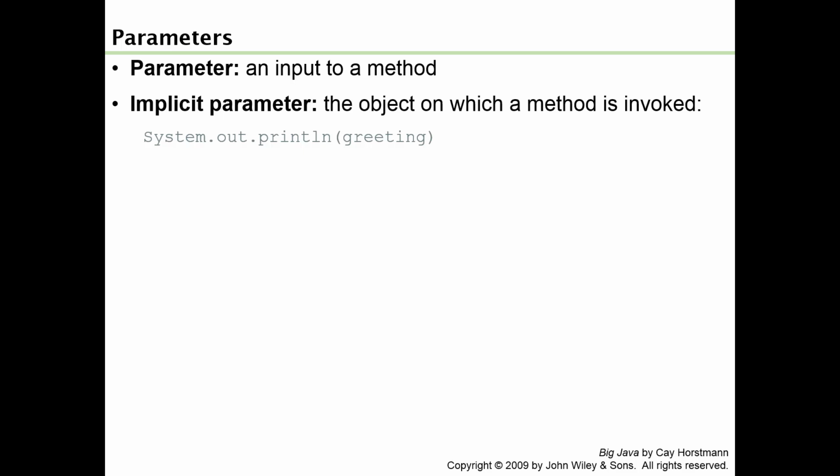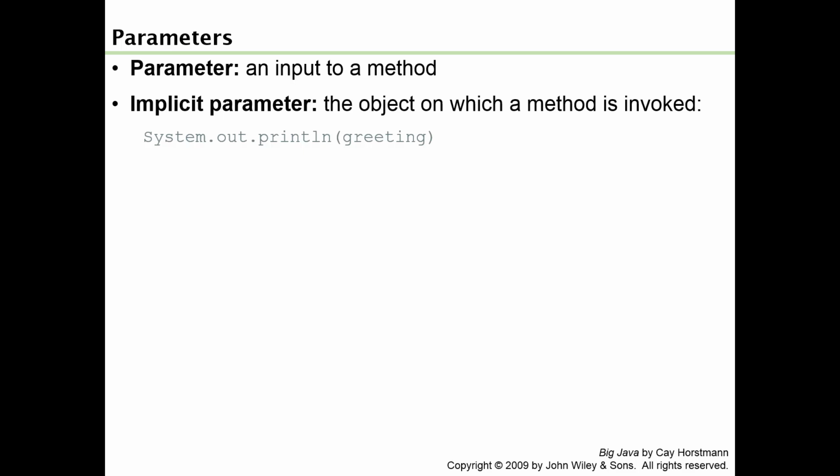Now there is a parameter that you can't see. That's what implicit means: it's invisible, or implied. Every time you call a method, there's a hidden parameter that's a reference to the object you're calling the method on.